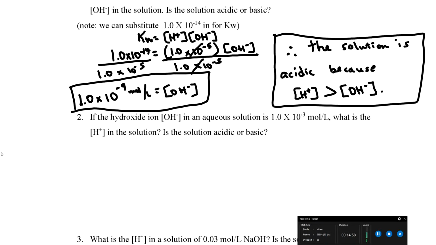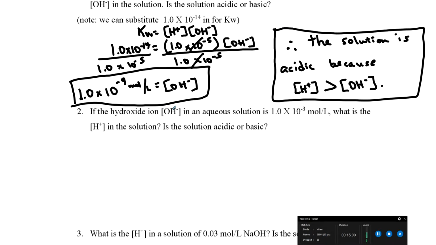Okay, let's try one now where we are given the hydroxide ion concentration. So we're going to go about this in the same way. Here is the concentration of the OH negative ion, and we're asked for what the concentration of the H plus ion is, and then again to decide whether it's acidic or basic. So I'm going to plug in Kw. I'm always going to use this value unless told otherwise.